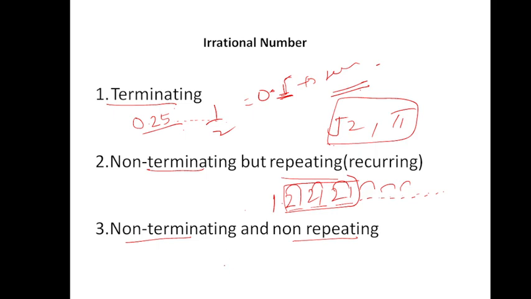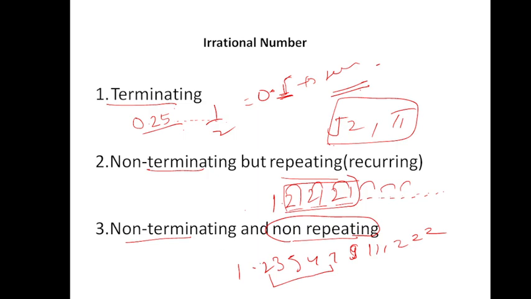And now we have to discuss non-terminating and non-repeating. Non-terminating and non-repeating means something like 1.2 2 3 5 4 7 9, 1 1 2 3 2 2. It is an example of non-terminating and non-repeating decimals, because after the decimal it does not follow any pattern, and no digits are continuously repeating.